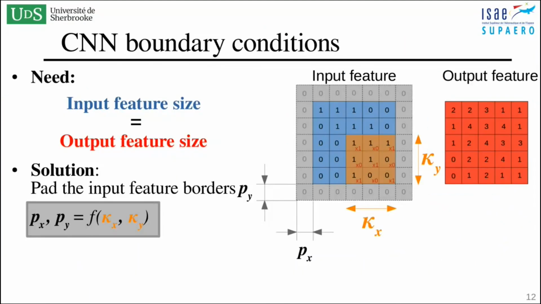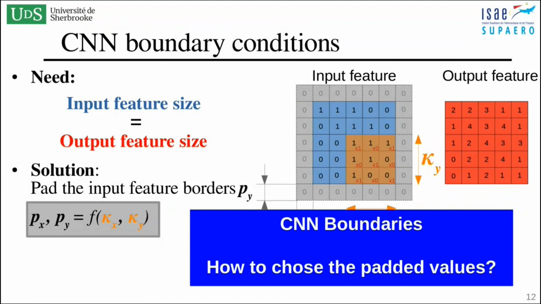This is done through what we call padding. We need the input feature size to equal the output feature size, so we need to add these gray cells in order to keep those two sizes together. The question then is how to choose the values that we add into these padded cells. This will be one of the problems we have studied in this thesis.